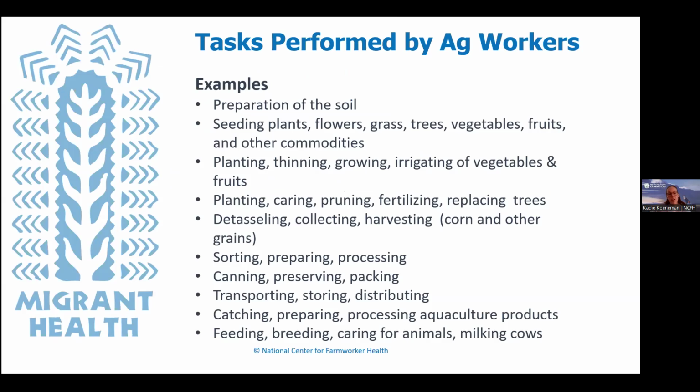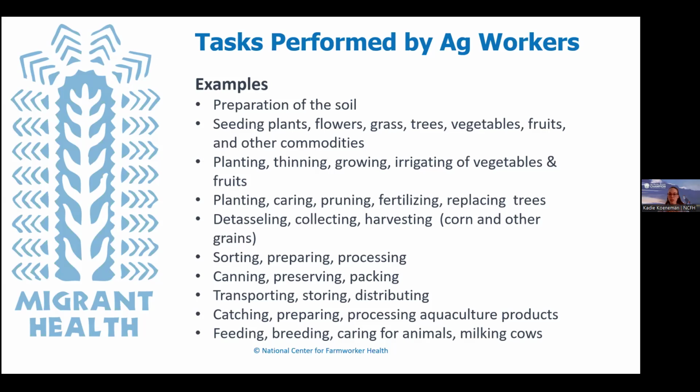So on this slide is a list of tasks performed by agricultural workers. They're just some examples. It's not an exhaustive list, but it is really helpful to be familiar with the industries that agricultural workers work in, and to be aware of the tasks they're doing. When it comes to ag worker identification, agricultural workers are not going to come into your health center saying, I'm a migratory agricultural worker, or I'm a seasonal agricultural worker.